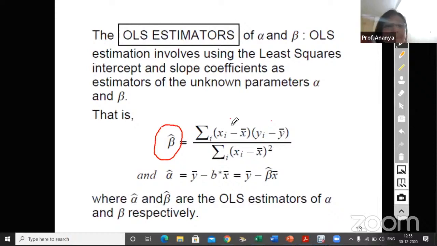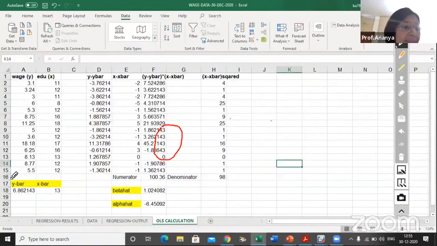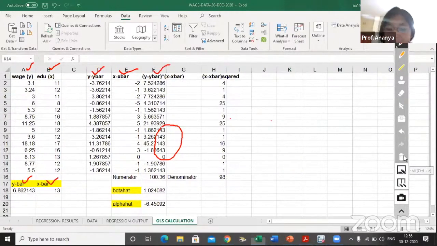First of all, here is y, here is x. Now this is your y bar, this is x bar. All of these are highlighted. This column is y minus y bar, and this column has x minus x bar. In this column, I have calculated (yi minus y bar) into (xi minus x bar).